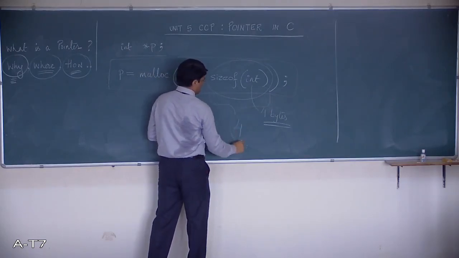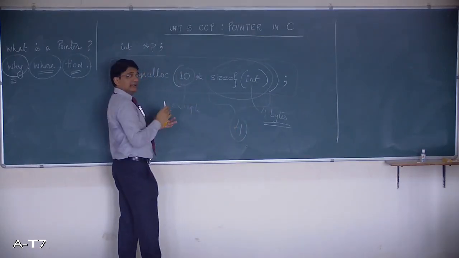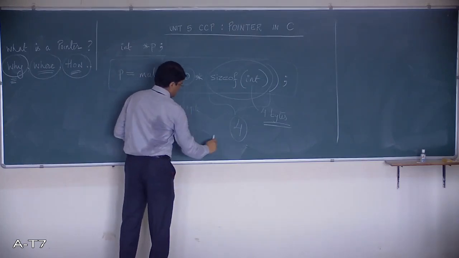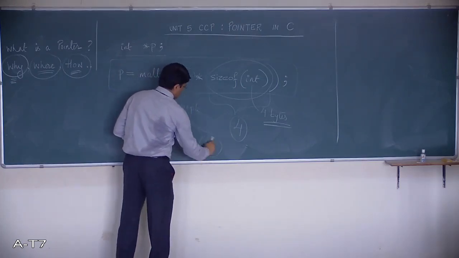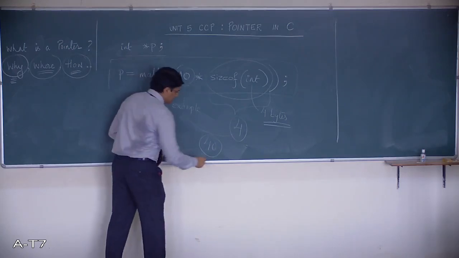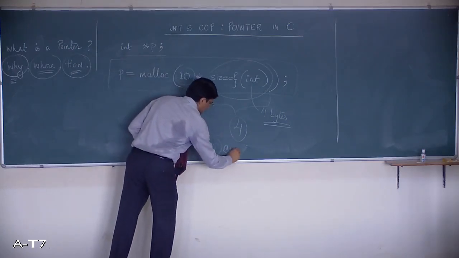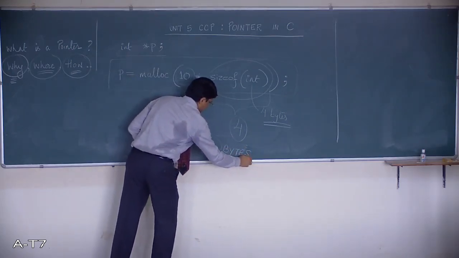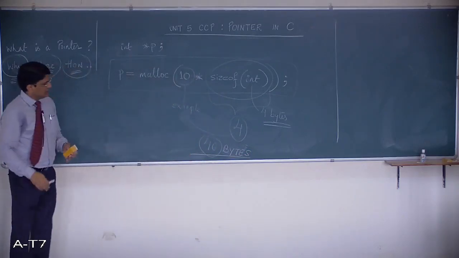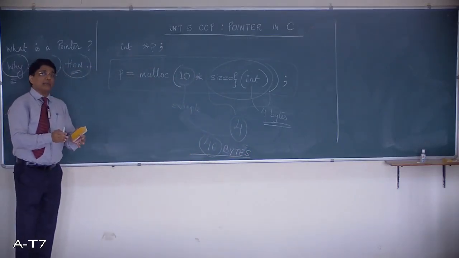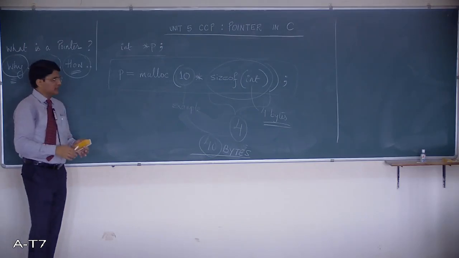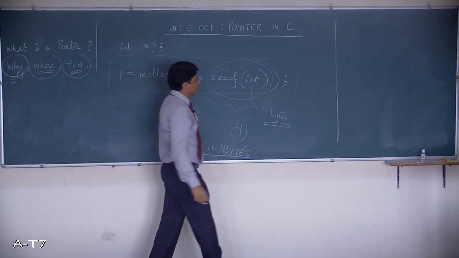So what does this result into? 4. And what is this? 10. So how much is this? 40. 40 what? 40 bytes, in memory, somewhere in the memory.